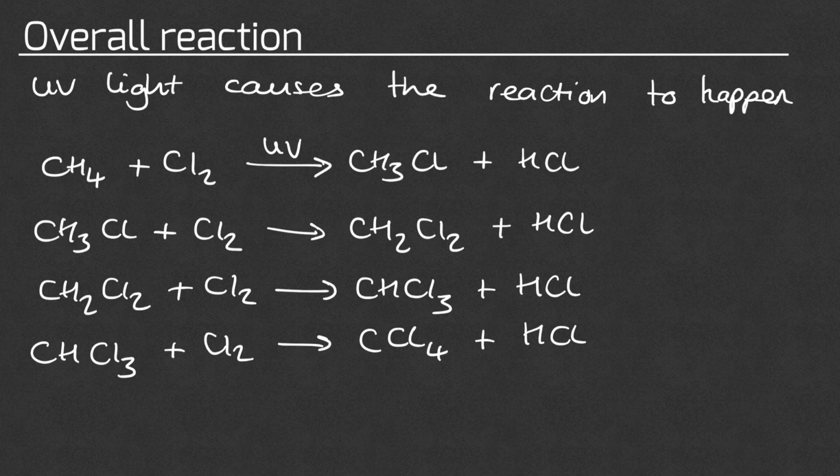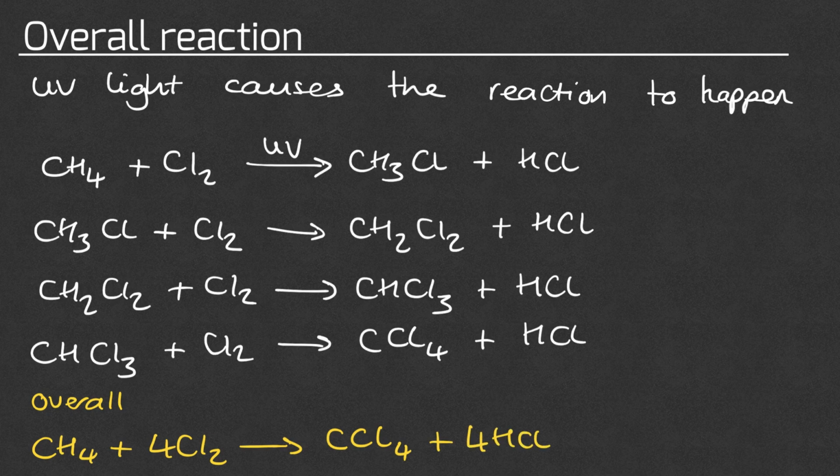And this process can happen a final time so that all of the hydrogens have been substituted for chlorines. The overall equation for this process would be our CH4 molecule reacting with 4 lots of chlorine to produce CCl4 plus 4 molecules of HCl.